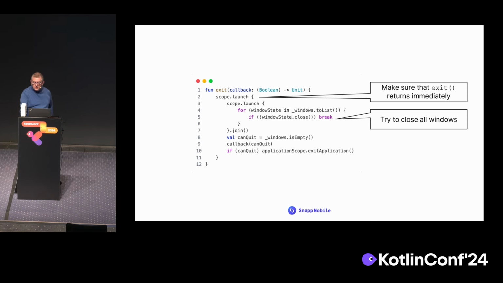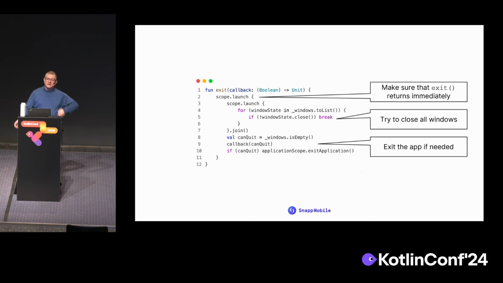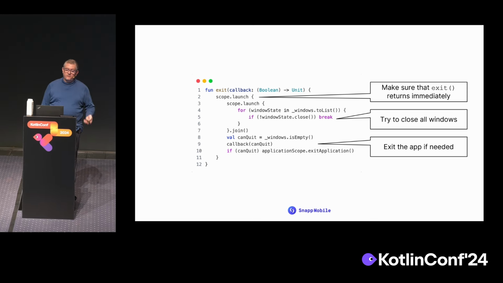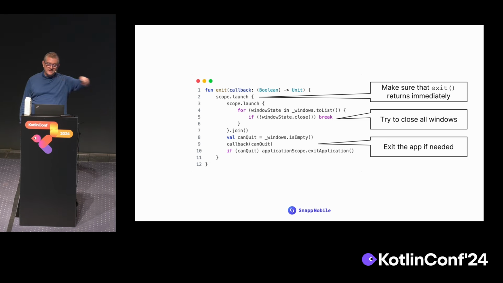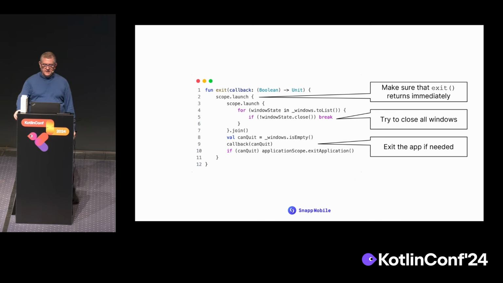We try to close the window, and we exit the application only if all the windows have been closed. Now, the next question is what happens when we actually close a window? So far, we are just iterating over a list of AppWindowStates and ask some other class to close that window. I'll show you this code shortly.